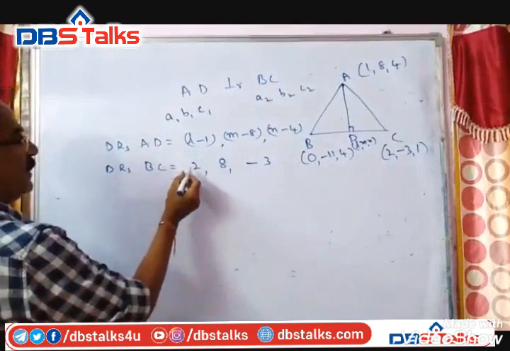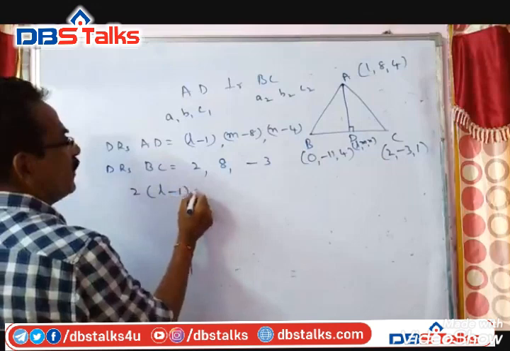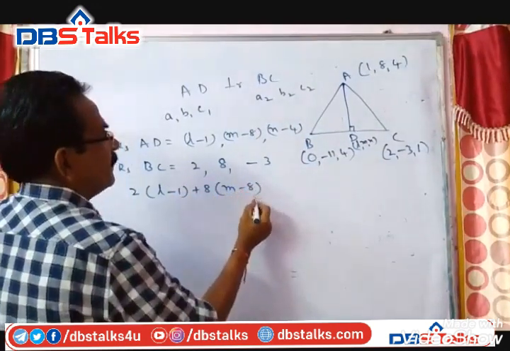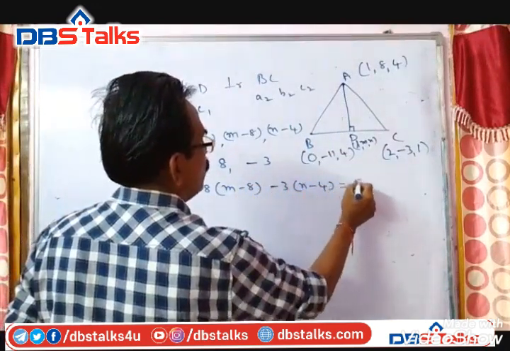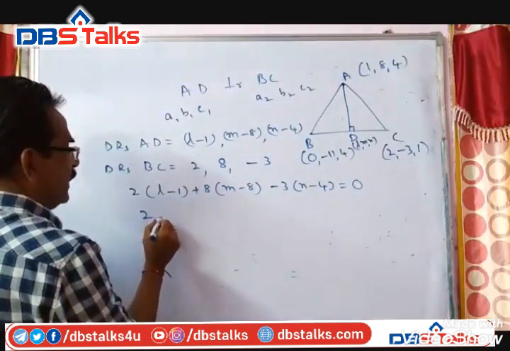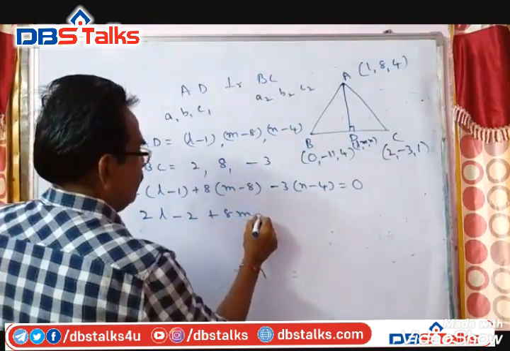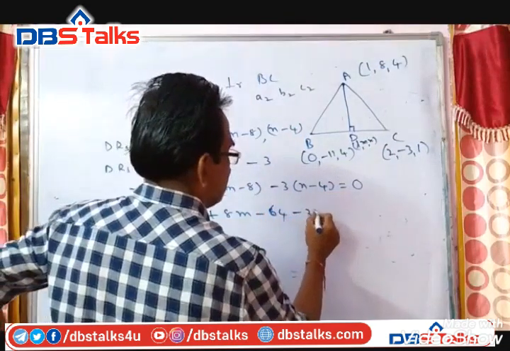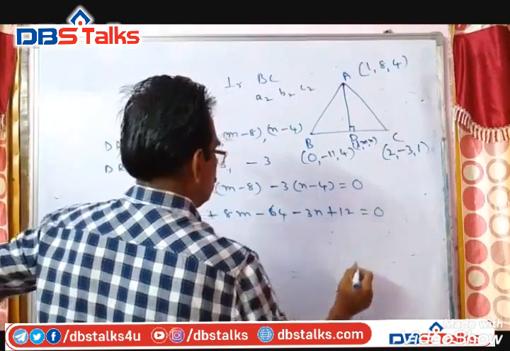So now let us do that. 2 into (L minus 1) plus 8 into (M minus 8) minus 3 into (N minus 4) is equal to 0. See, 2L minus 2 plus 8M minus 64 minus 3N plus 12 is equal to 0.